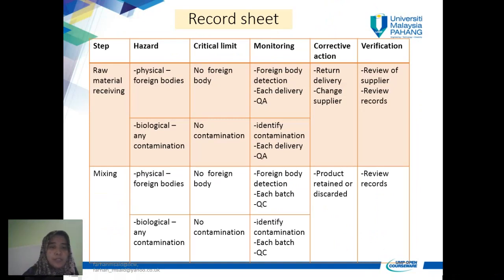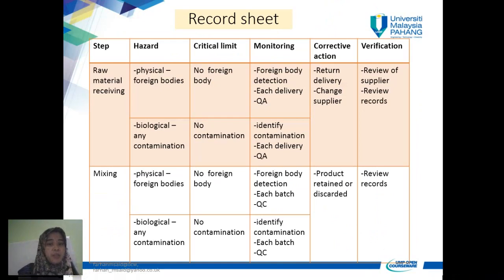So for example, we focus on the mixing product. First of all, for the mixing product, the steps consist of 2, for example, which are raw material receiving and the mixing. Okay, so we go one by one. We go for the raw material receiving first.